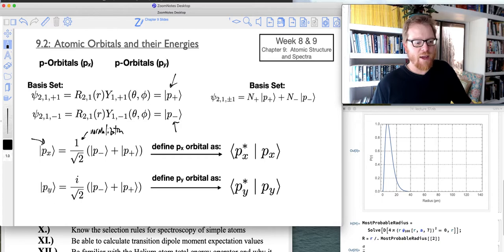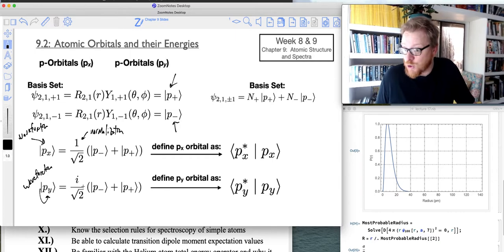And then now we also define the py wave function. I'm going to remind you these are wave functions. And so now we get this normalization constant, i over root 2. Totally fine that it has an i in it because we're going to square it.